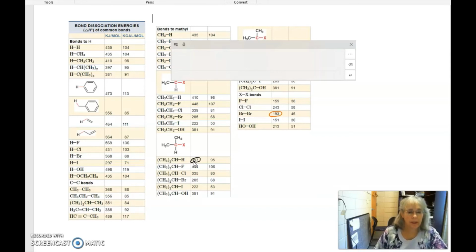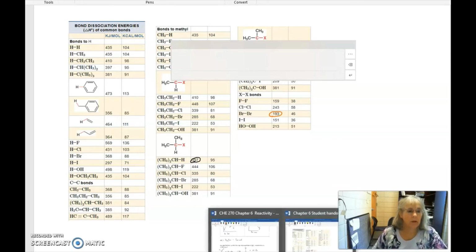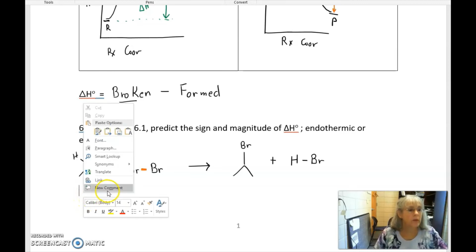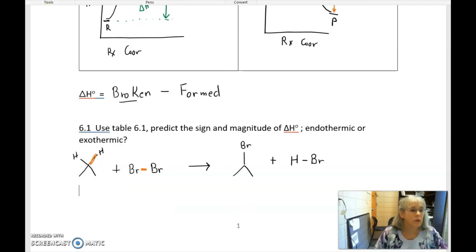So these are the bonds that are broken: 397, and that's going to be plus 193.